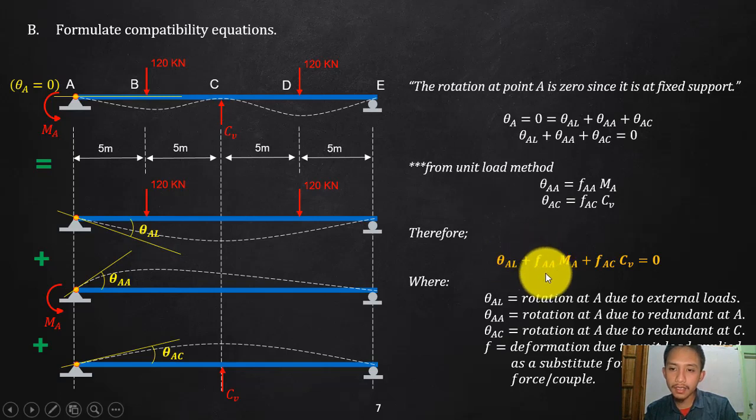And then the f_AA, since we assumed a unit moment, is already known. This will be known also since we will be solving that one. So basically your unknowns here are MA and CV, since f_AC will also be solved since we will apply 1 unit kilonewton here.